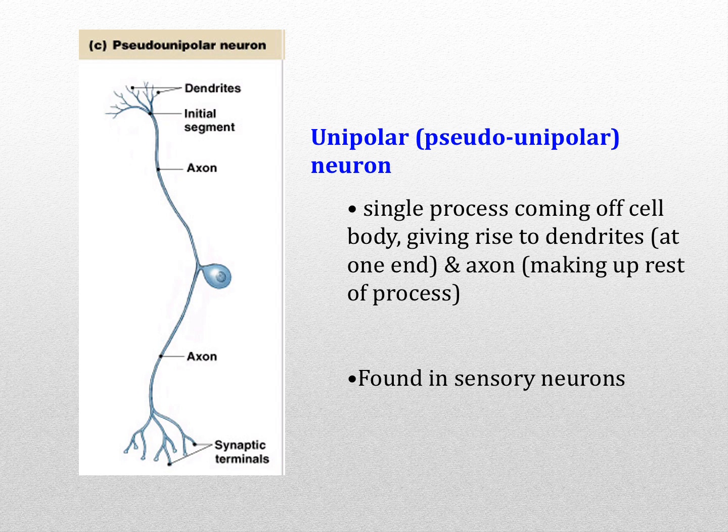The single process coming off the cell body gives rise to dendrites at one end and an axon making up the rest of the process. So you see that there. This is the pseudo-unipolar neuron or unipolar neuron. You can call it either one.